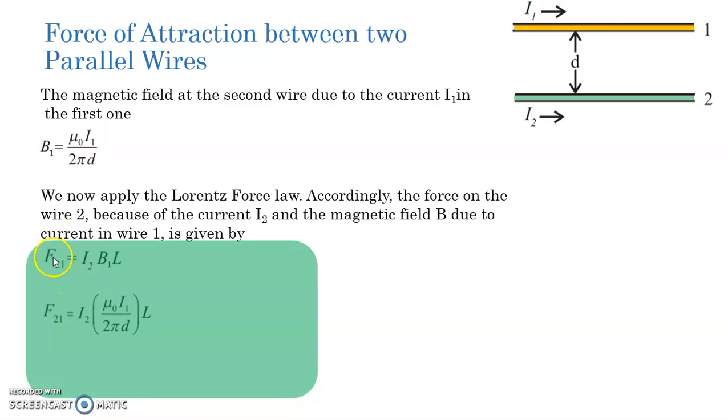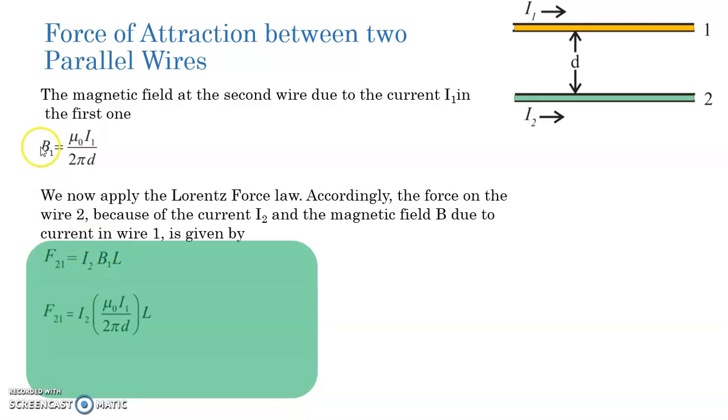F21, that is force on the second wire, which is placed in the magnetic field produced by the first wire, is equal to I2, that is current flowing through the second wire, multiplied by B1, that is magnetic field produced by the first wire, multiplied by L, that is length of the second wire.